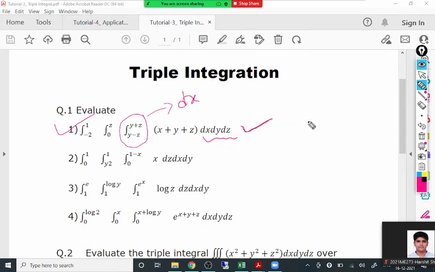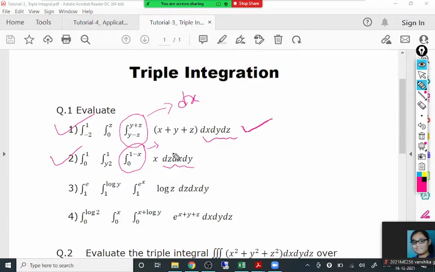What about question 2 now? What should be the order? So dz dx dy. Okay, very good. So we have to keep the order as it is, even though inner limits are in terms of x, which can be of y or z.